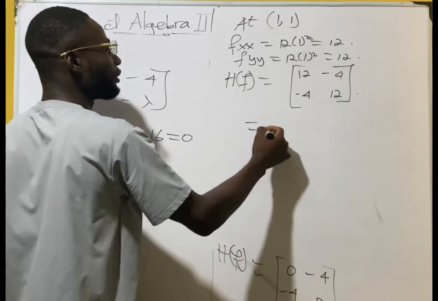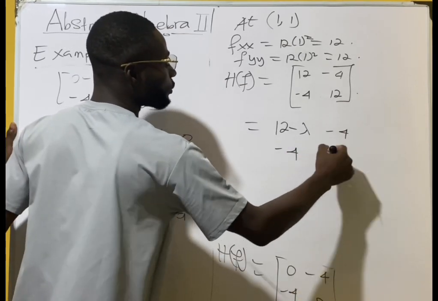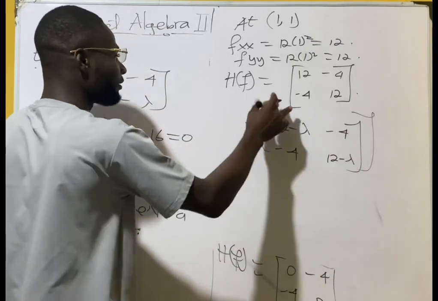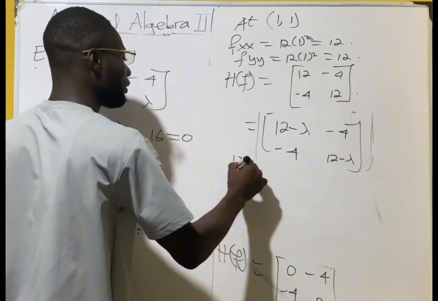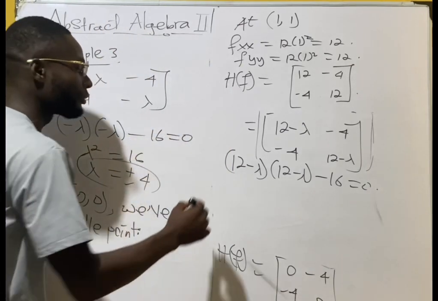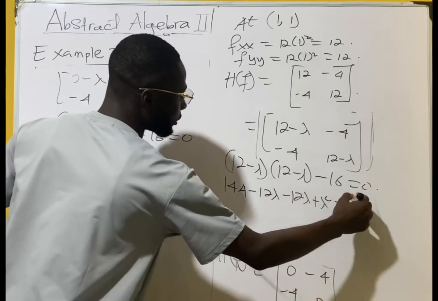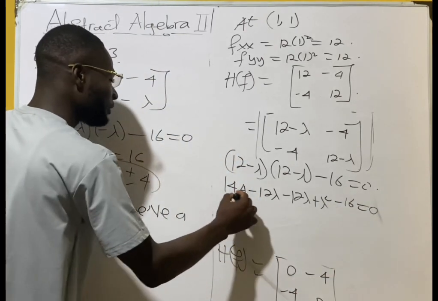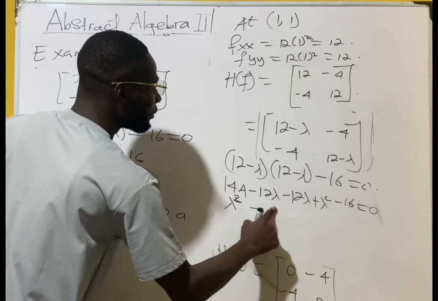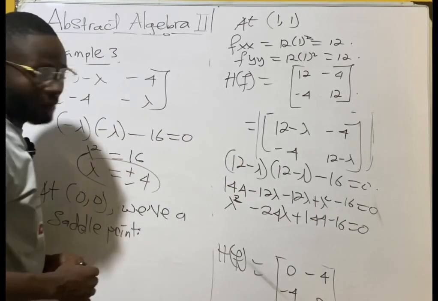So the eigenvalue is going to be the determinant of [12 minus lambda, -4; -4, 12 minus lambda], which gives (12 minus lambda)(12 minus lambda) minus 16 equals 0. So we have 144 minus 12 lambda minus 12 lambda plus lambda squared minus 16 equals 0.